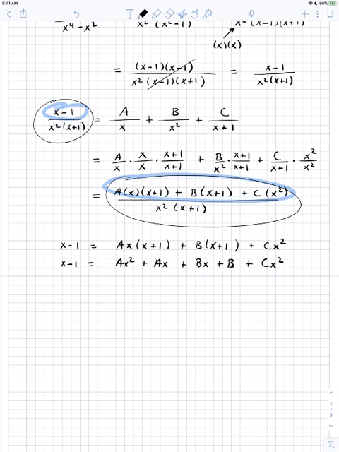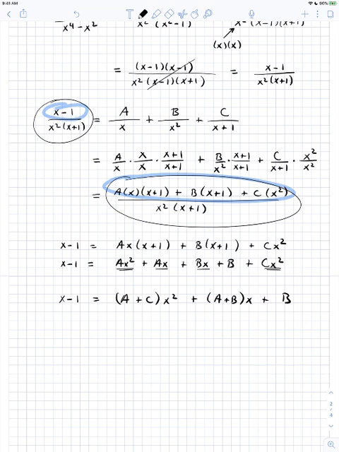So now I need to group together everything that has an x squared, everything that has just an x, and, well, there's only one constant, but we'll group together the one constant with itself. So on the left we have x minus 1. That's going to equal a plus c times x squared plus a plus b times x plus b.